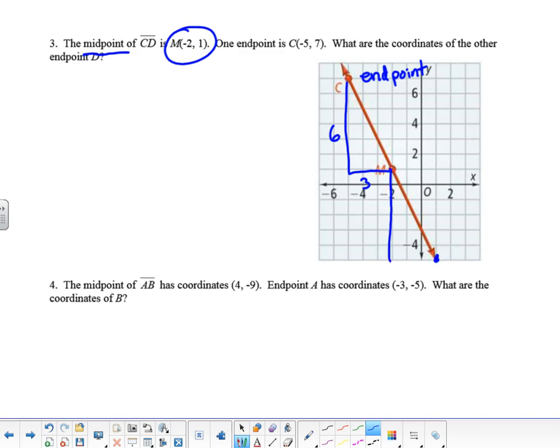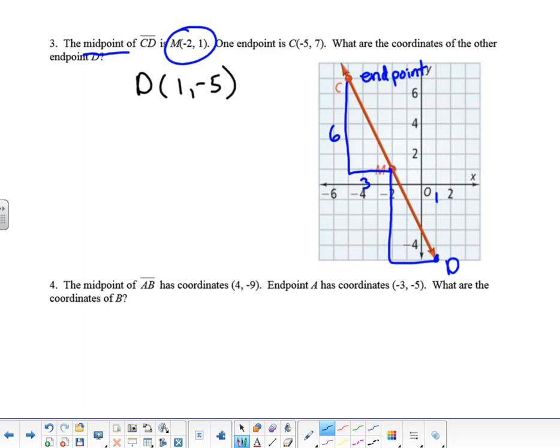That puts us down here, and that would be D. So D would be 1, negative 5.